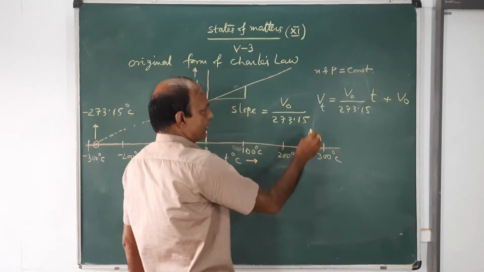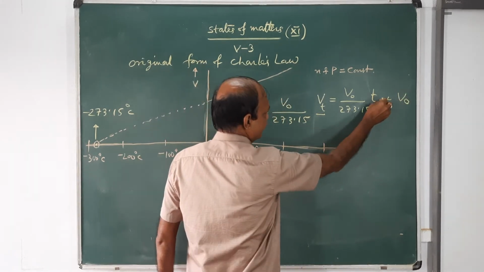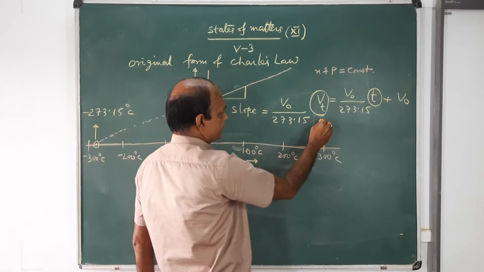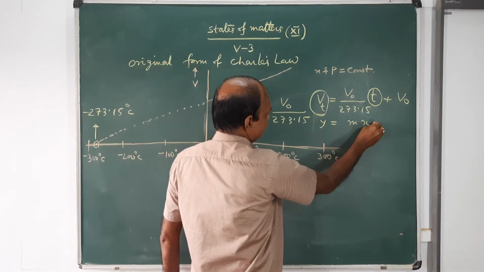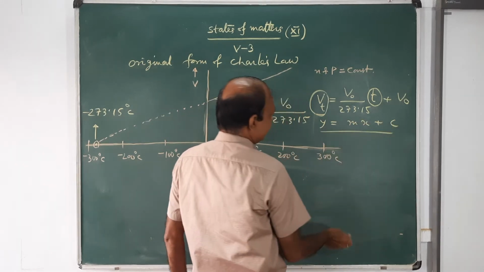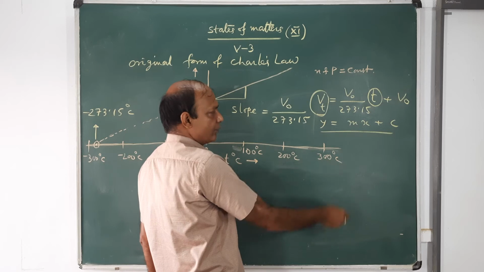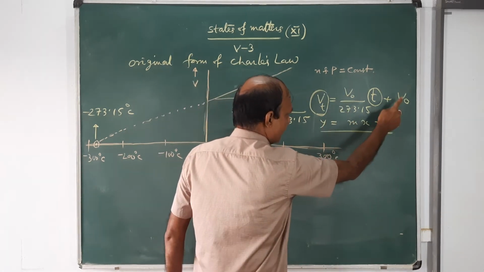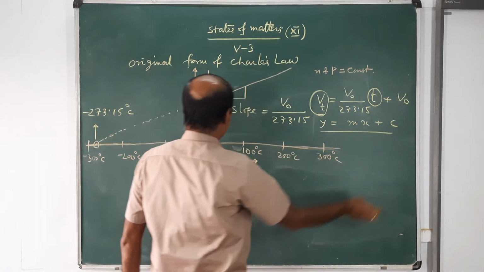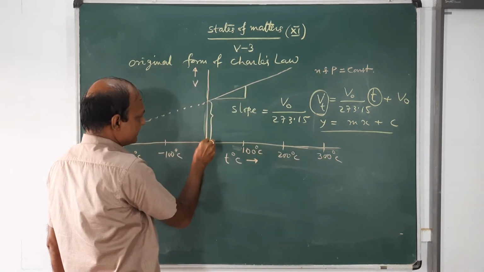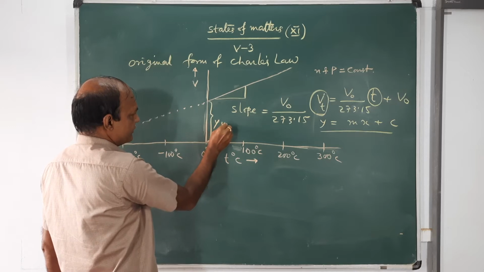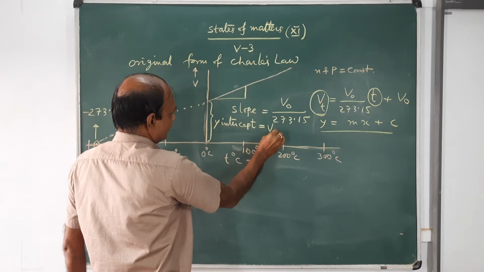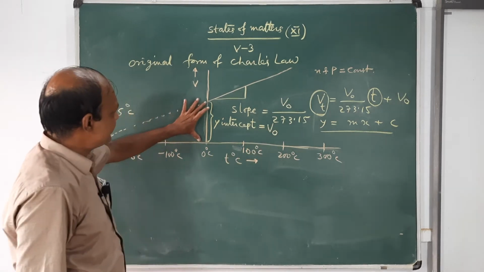Now you are plotting a graph, volume versus temperature. These are taken as functions. So this is similar to y equals mx plus c. It's a straight line, where m is the slope, slope equals V0 by 273.15, and c, the y-intercept, is equal to V0.